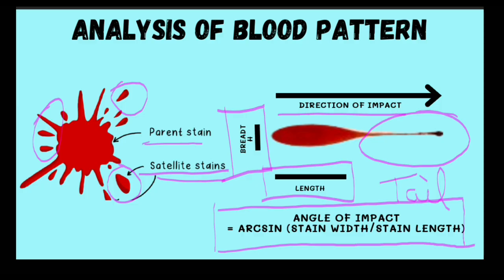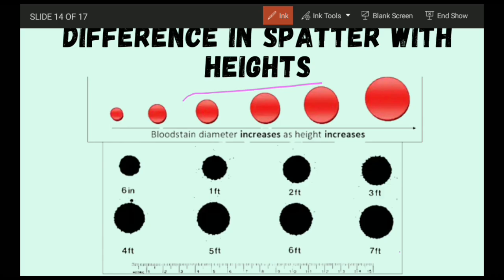The size of the spatter keeps on increasing as the height increases, meaning a larger pattern indicates that the blood must have fallen from 7 feet or so, and this 6-inch, which is quite a smaller spatter or droplet, indicates that the blood must have fallen from 6 inches or something like that.